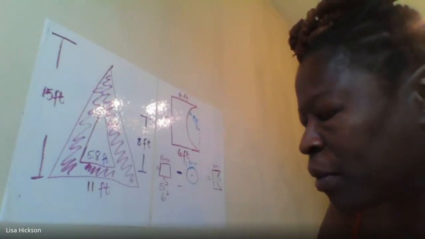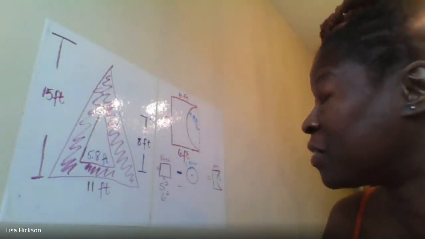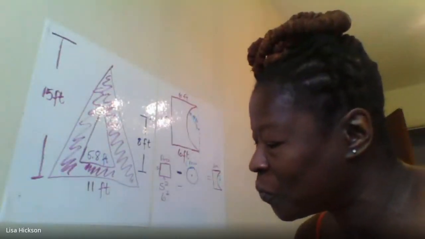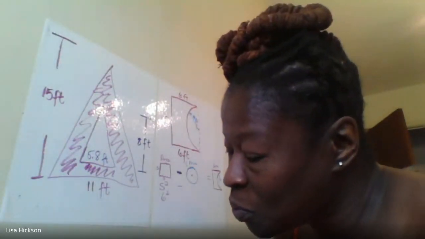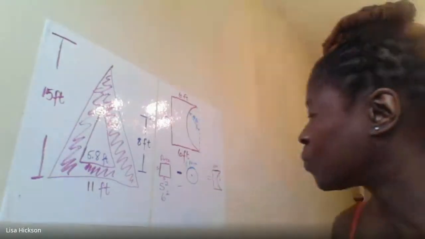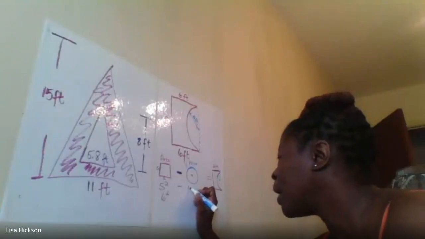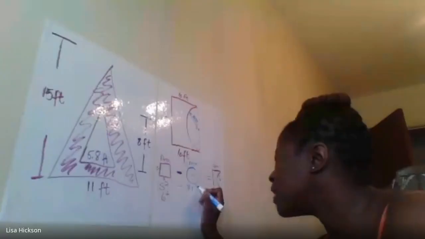anybody remember the formula for the area of a circle? We talked about it yesterday, people who were here. Pi times r squared. Yep, exactly.